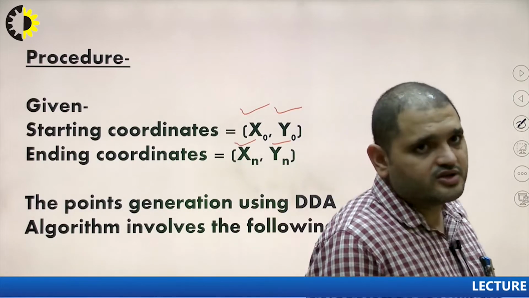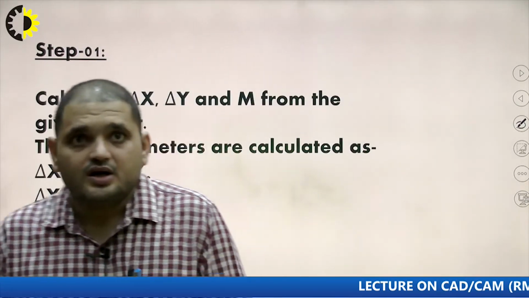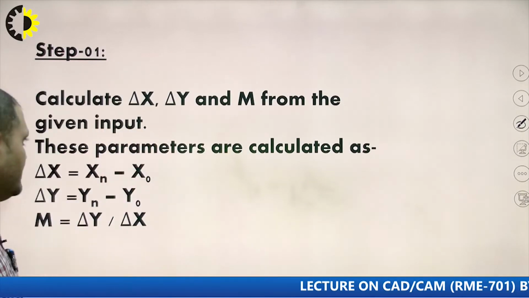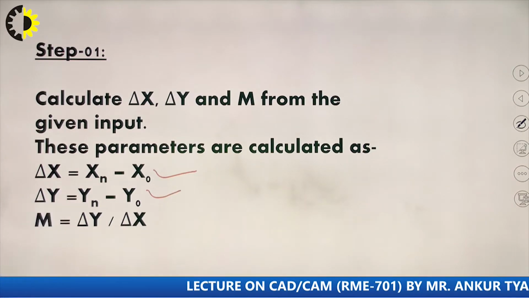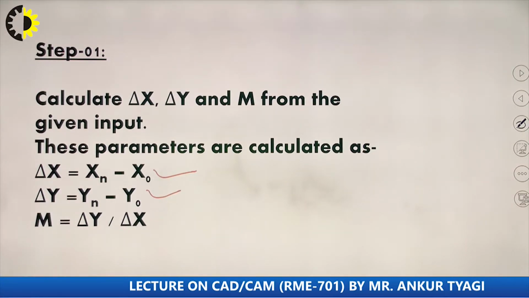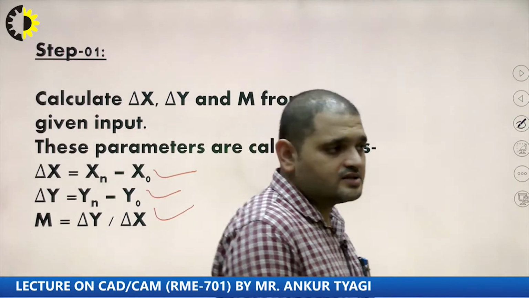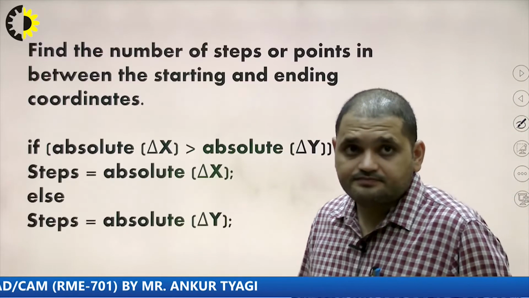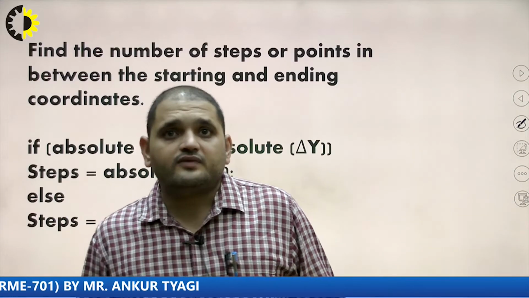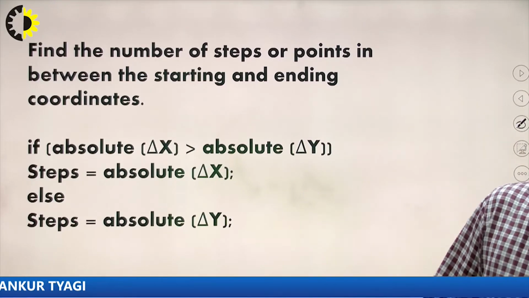So point generation using the DDA algorithm involves the following steps. Step number 1 is to find del x and del y, and the slope, that is del y by del x. So we have to find three things using the endpoints: del x, del y and the slope. Now we have to find the number of steps or points between the starting and ending coordinates.